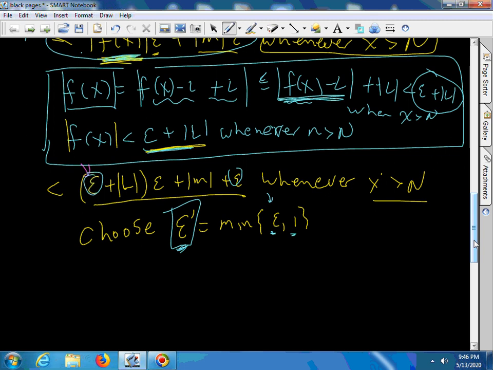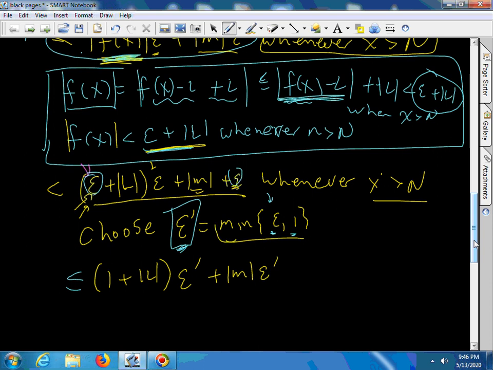Okay, so this here is less than or equal to that epsilon, the nasty one. I'm going to make it as big as possible. I'm going to make it 1 plus the absolute value of L times epsilon, but now we're going to use epsilon prime, plus M times epsilon prime.